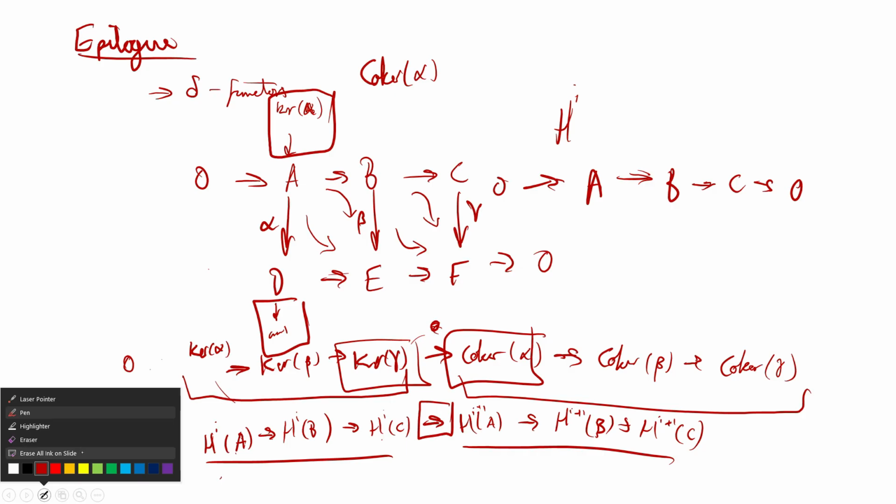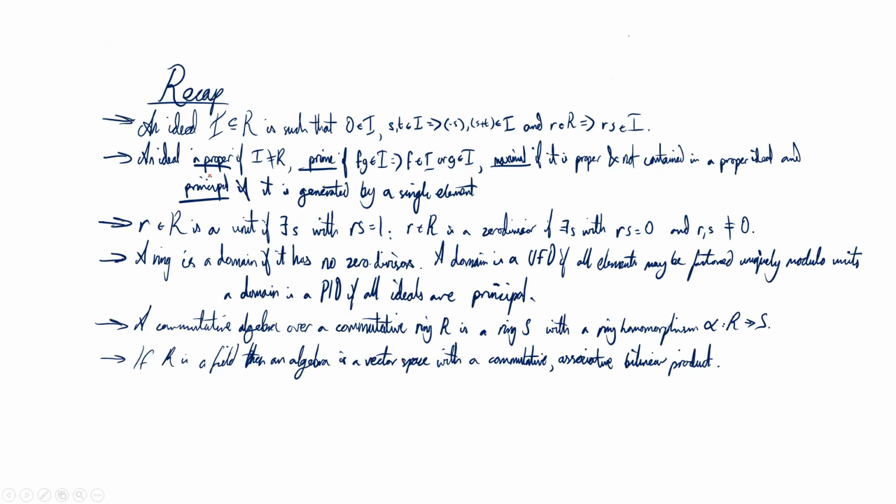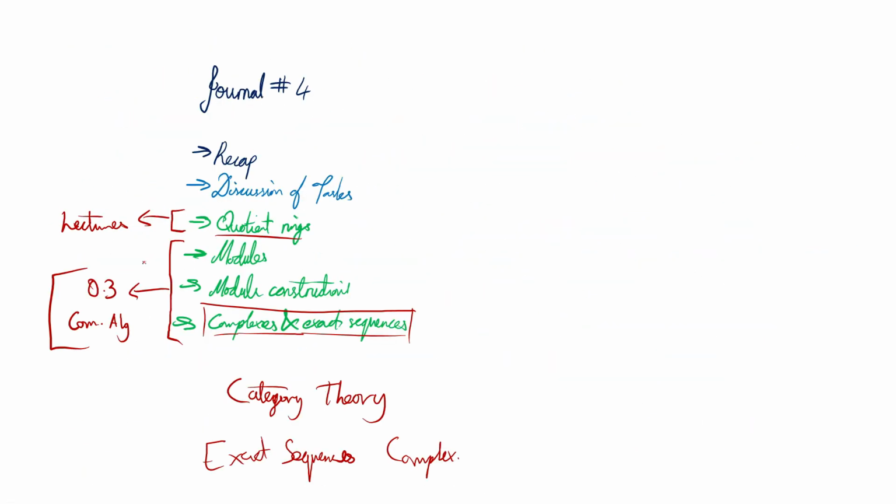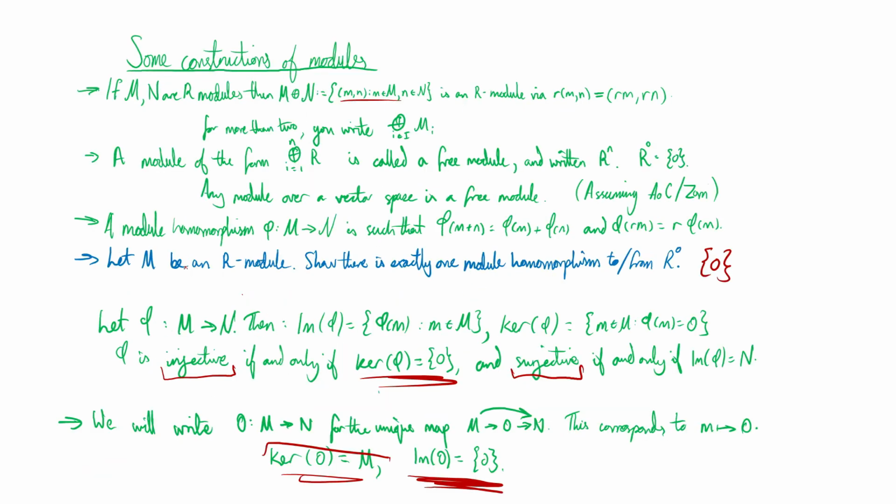But let's talk about Epilogue Part 2, which is, as I said, within my degree, I did not actually reach modules for some reason. It's such a beautiful unifying theory and it's not talked about.